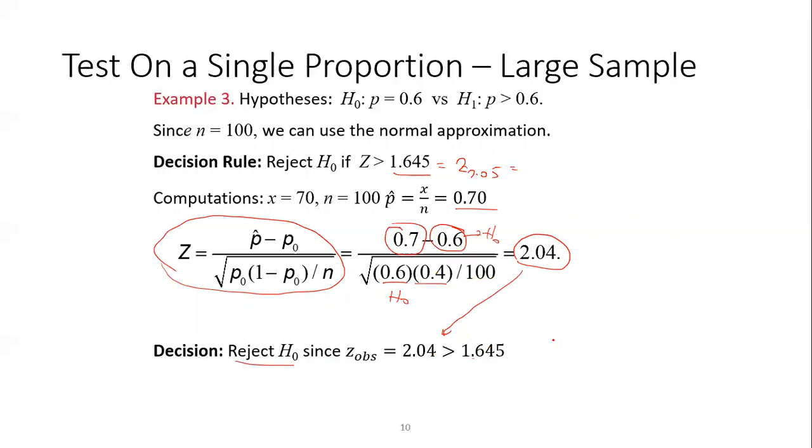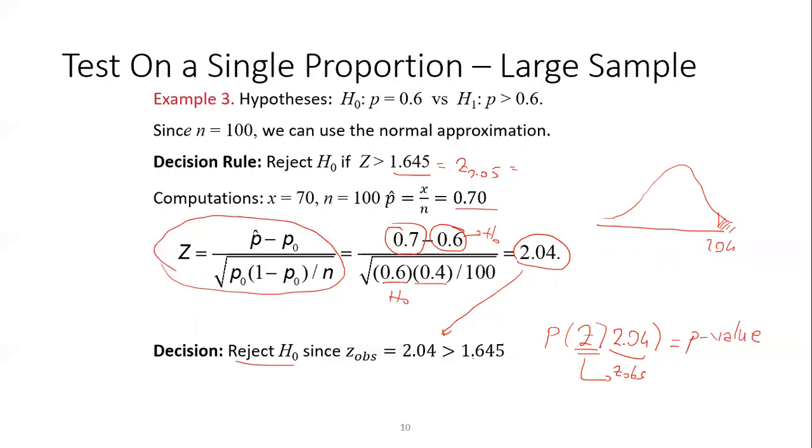You can also calculate the probability that Z is greater than 2.04. Remember, this is the probability that your test statistic is worse than the observed z. I'm just calculating this area here, and this is the p-value.